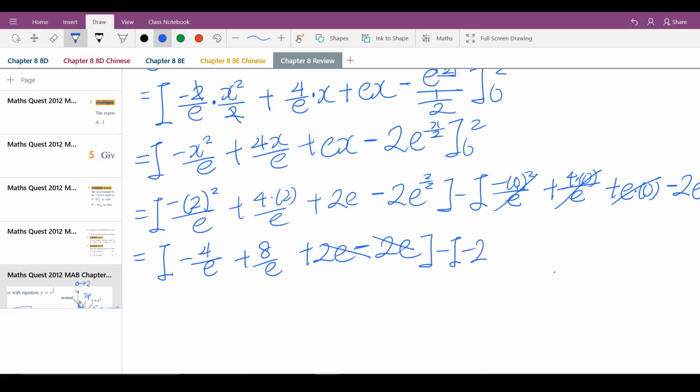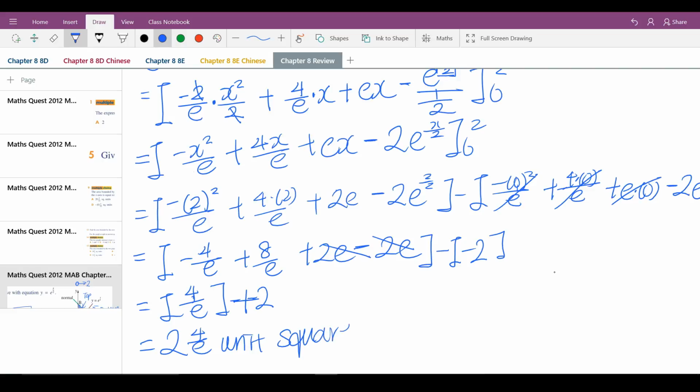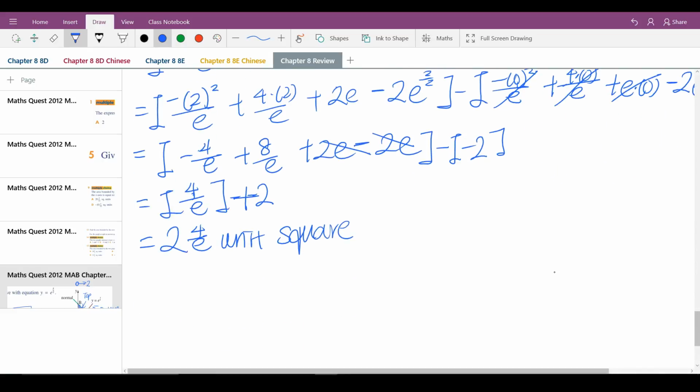Minus negative 2 here, so that just gives you positive 4 over e, minus negative 2, which is plus 2. So the answer is 4 over e plus 2 unit squared. That's your final answer.